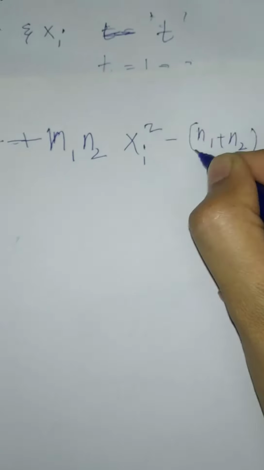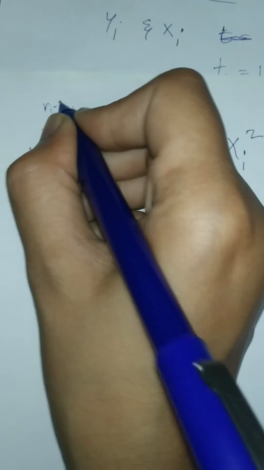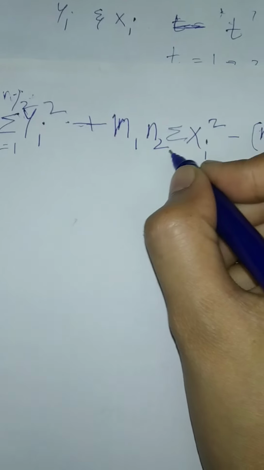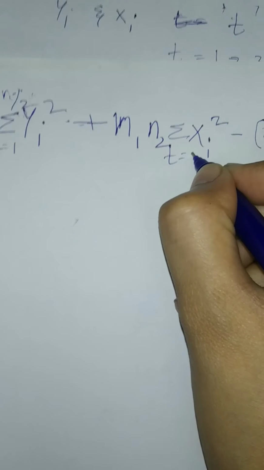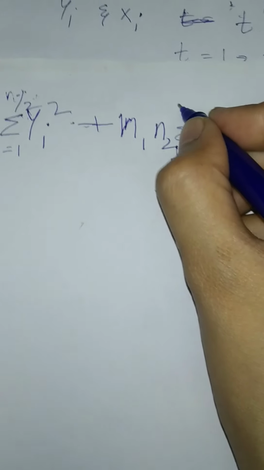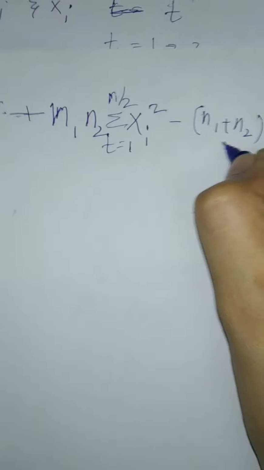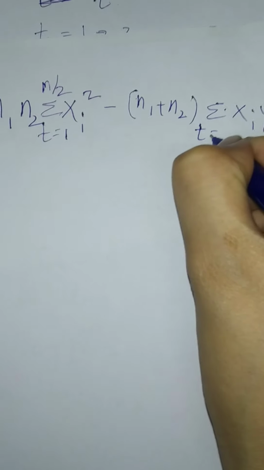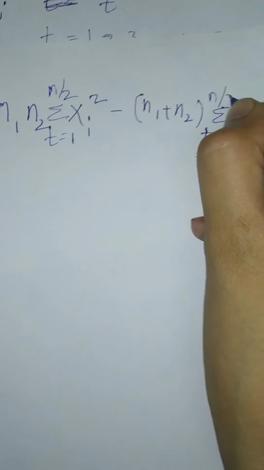Now this equation becomes, with summation for t is equal to 1 to n by 2, since we are making two equations, students.